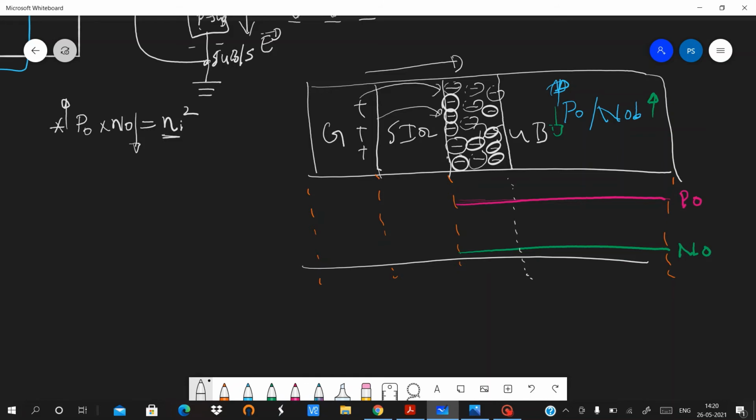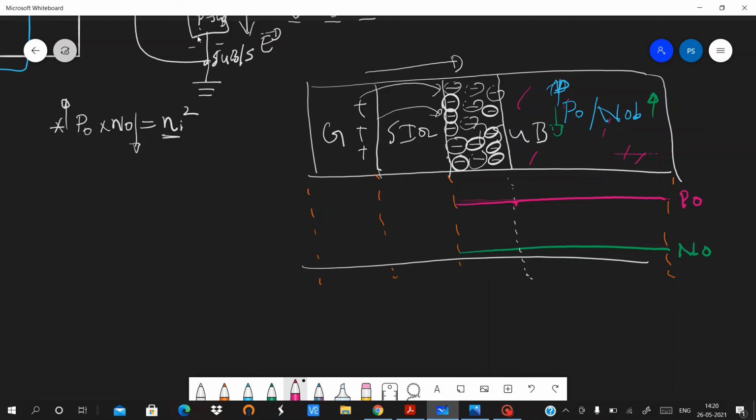So what will happen now is, still here in this substrate, from all this part the P0 concentration is as it is, but here the number of holes has reduced. Why?